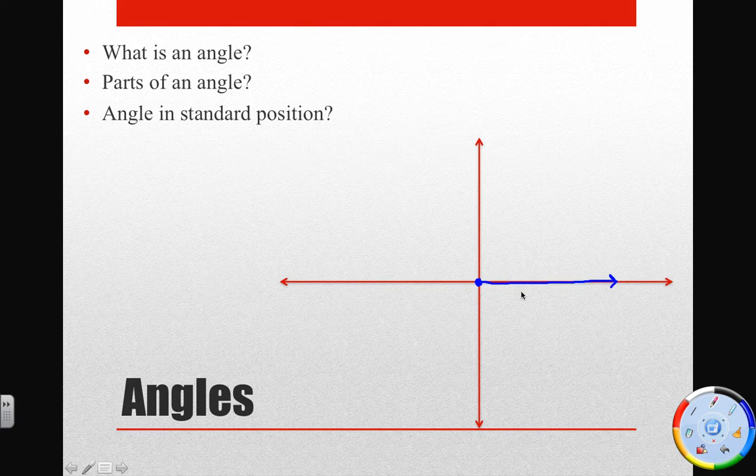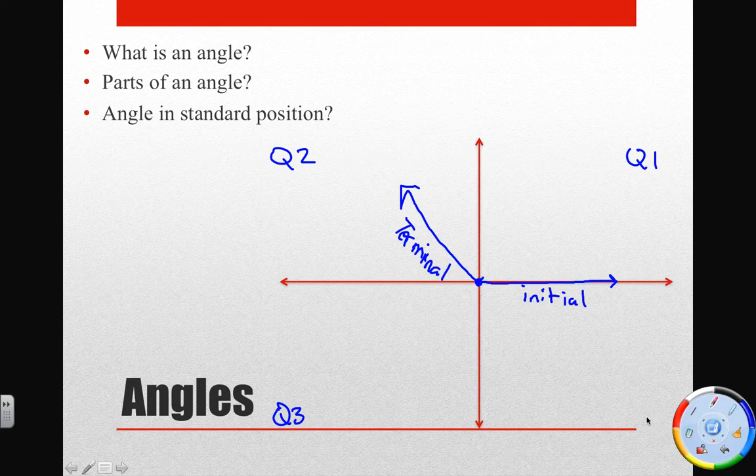My initial side is on the positive x-axis out here, and the terminal side is just somewhere out here in one of the four quadrants. So this is my terminal side, somewhere out in space. I'm going to remind you that this is quadrant 1, quadrant 2, quadrant 3, and quadrant 4. So this is an angle in standard position.